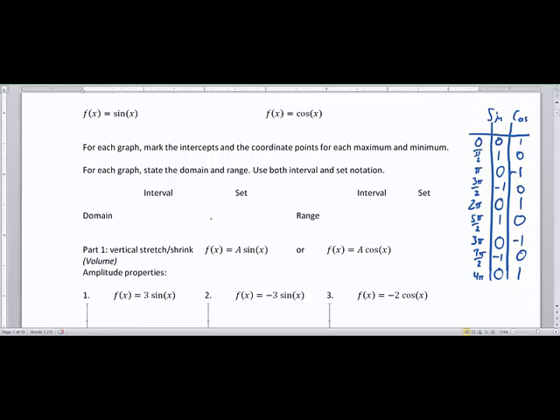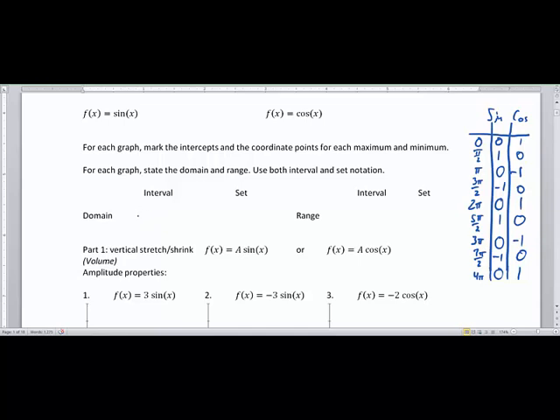Now let's talk about domain and range. First of all, I should say right away, the domain and range of sine and cosine are the same. You can see that both of them are oscillating waves from -infinity to +infinity on the x, and they have a limit of 1 and -1 on the y.